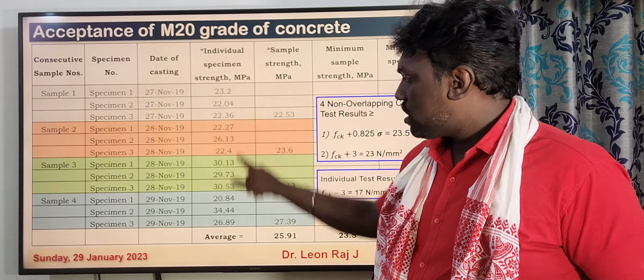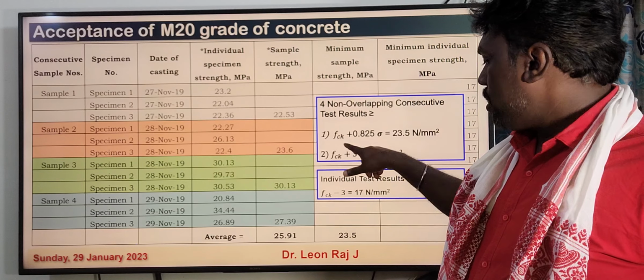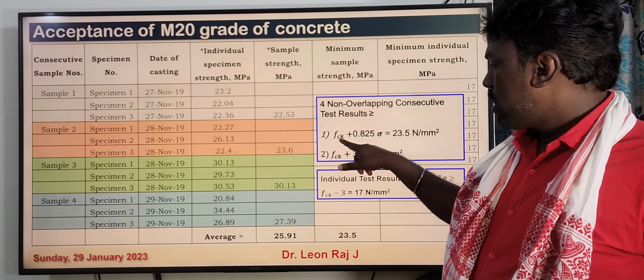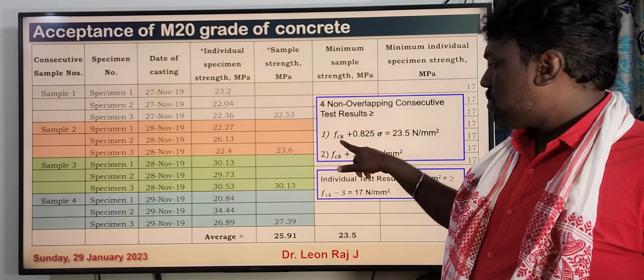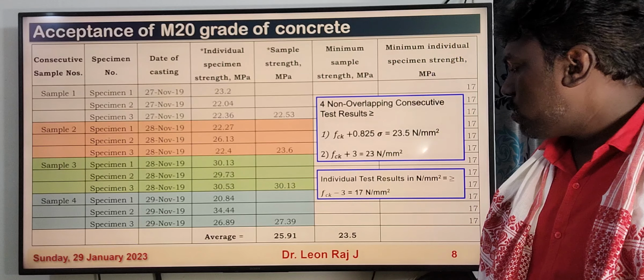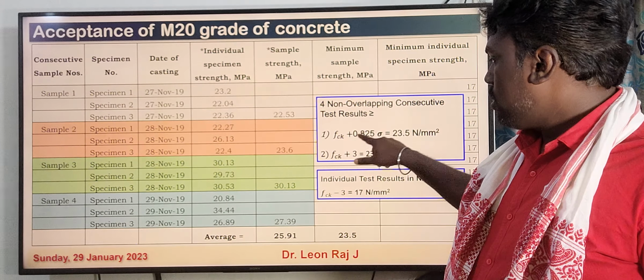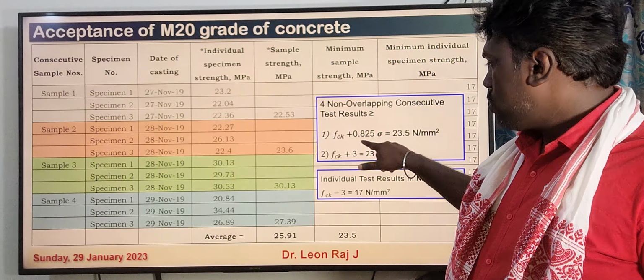The average of these 4 non-overlapping consecutive test results is 25.91 MPa, which is greater than the acceptance criteria of 23.5 MPa, obtained as follows. Here fck, the target characteristic strength, is 20 MPa and the assumed standard deviation is 4 MPa. Then fck 20 plus 0.825 into 4 is equal to 23.5 Newton per mm square.